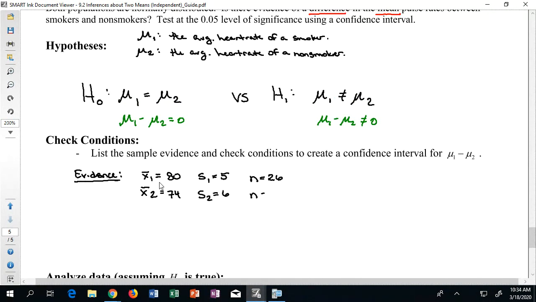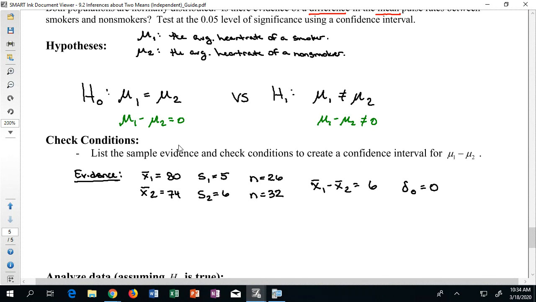S2 was 6, and n was 32. So I can also compute here my X bar 1 minus my X bar 2. It looks like that's 80 minus 74, so that should be 6. And I can easily see my delta 0 here. Oh, thank goodness, it's just 0. That means this is going to be a much easier question.